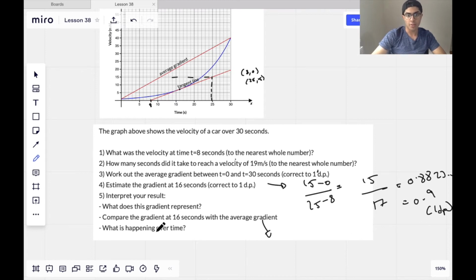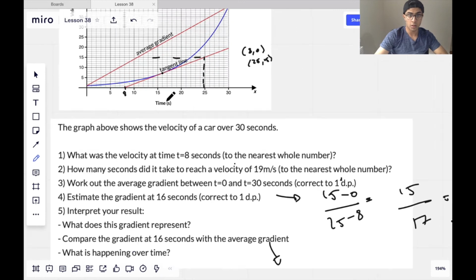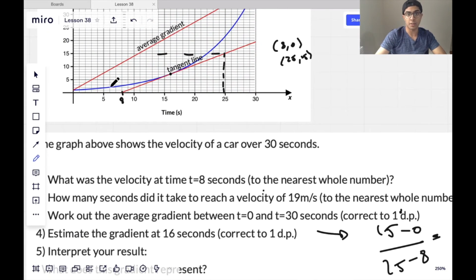And then if you compare it with the average gradient, which is again drawn out for you, you can see that the average gradient is a bit steeper than the tangent gradient.